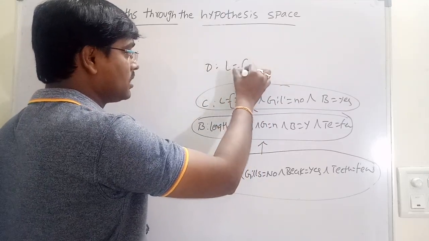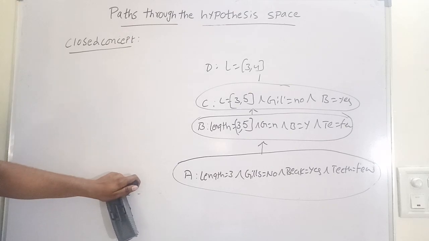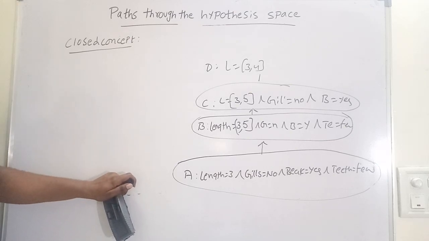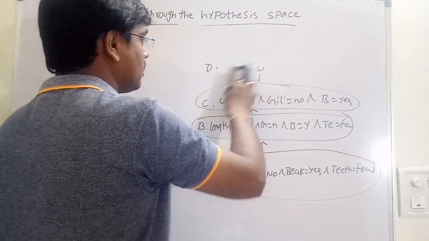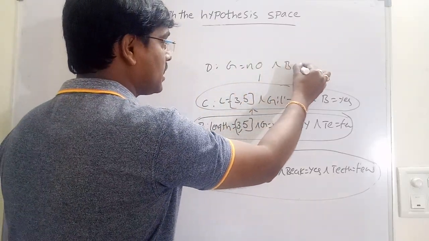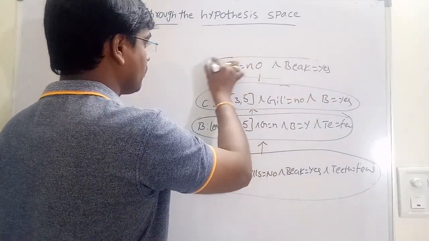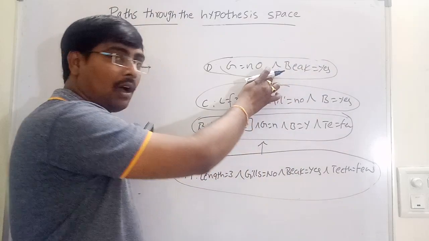Suppose D, length is equal to 3, 5, gills is equal to no and back is equal to yes. That is to cover all the positives.